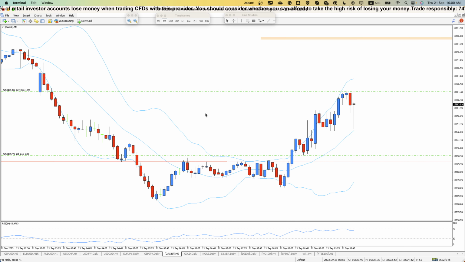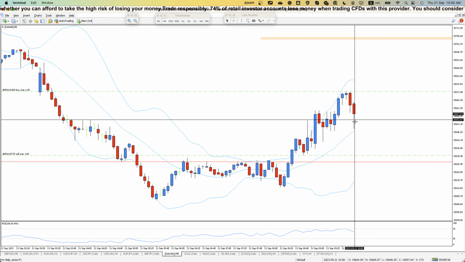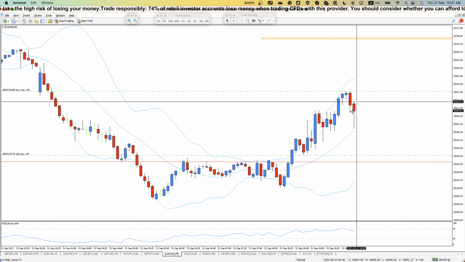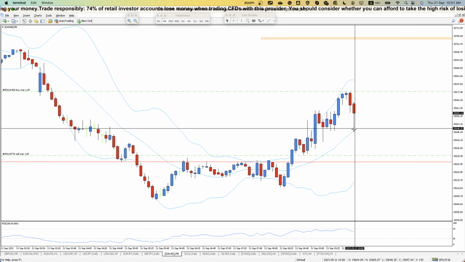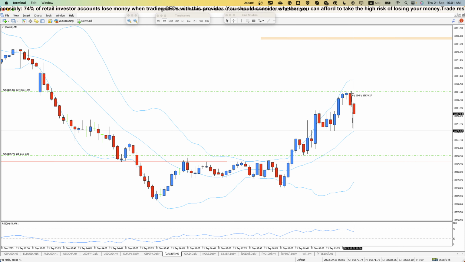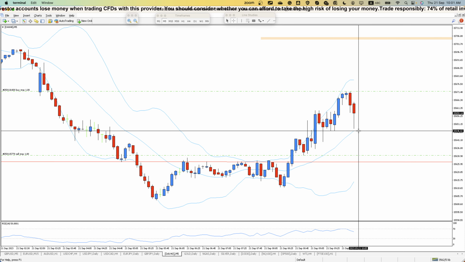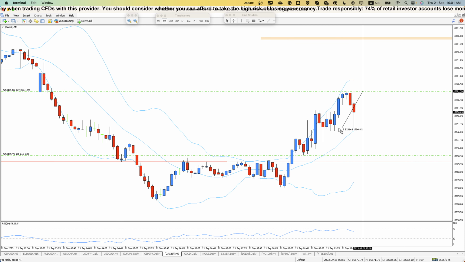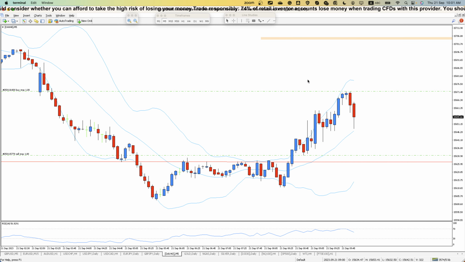If you believe that it's better to buy this market, you can go with a buy stop order above here and a stop loss below this kind of area. So it's about a 25 point stop loss, and you can target either 33 points here or 2-to-1, whatever you believe is better to target.